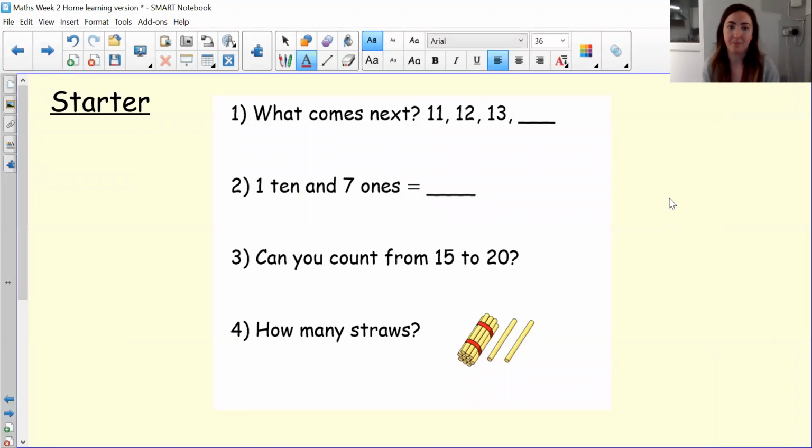So our starter, let's have a look at these questions. Remember to pause after each question to write down your answer, and then we'll go over the 4 answers at the end. So question 1, what comes next? Look at these numbers. What goes here? Then question 2, 10 and 7 ones equals, what goes here?